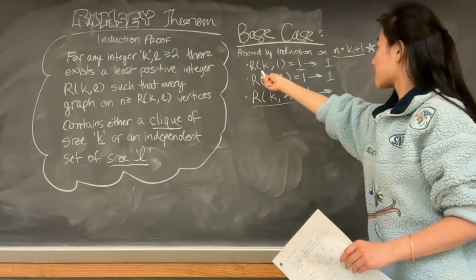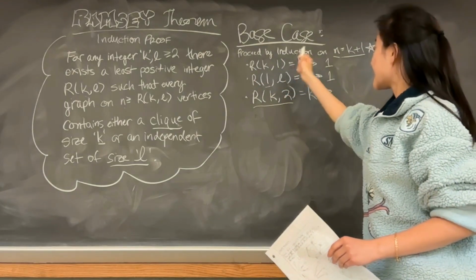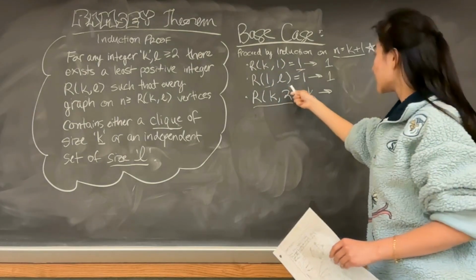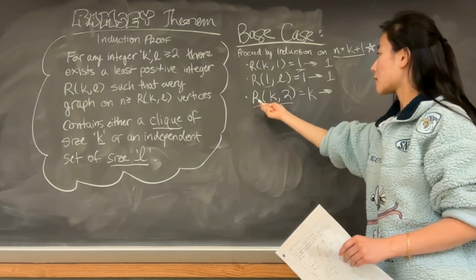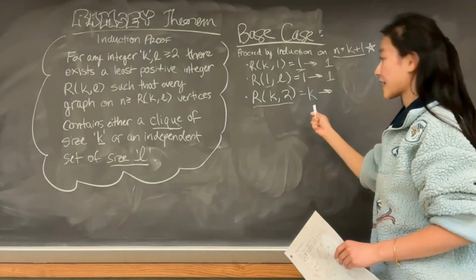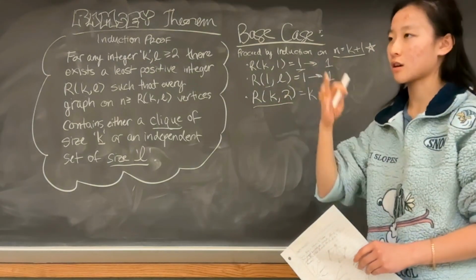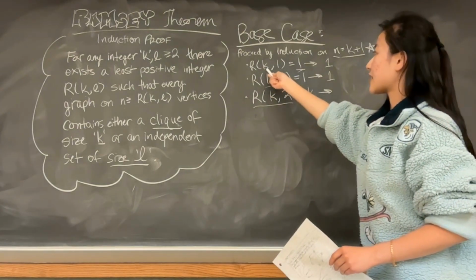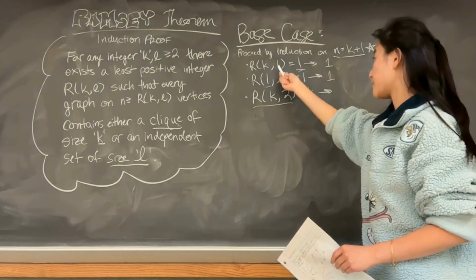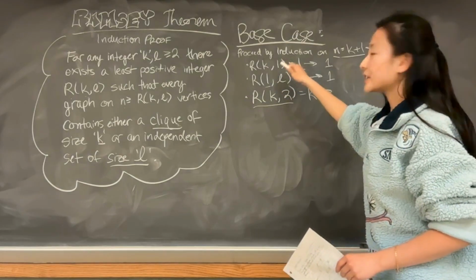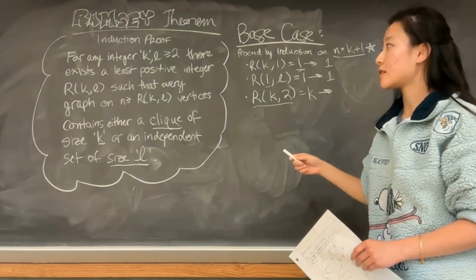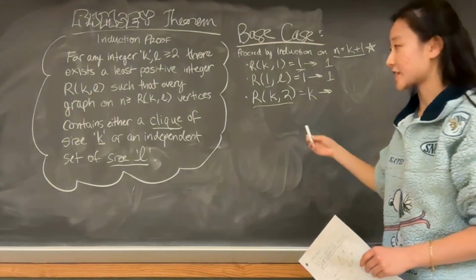So first we want to verify that R(k,1) is equal to 1, and then R(1,l) is equal to 1, and R(k,2) is equal to k. Just remember back in our previous section, this was talking about you can have a clique of k or a clique of 1. So we know a clique of 1 definitely has to equal 1 because it's just one vertex.